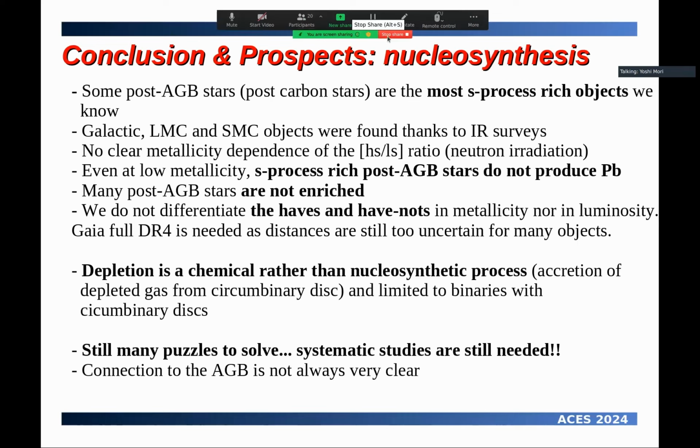You mentioned that you connect the depletion to the binaries. Do you see any kind of depletion also in single post-AGB stars? Let's say those that are these shell-type post-AGB stars? No. So those all of them show s-processes. So either they are s-process enriched, and then the s-process elements are refractory, so the s-process will not be seen when there is a depletion ongoing.